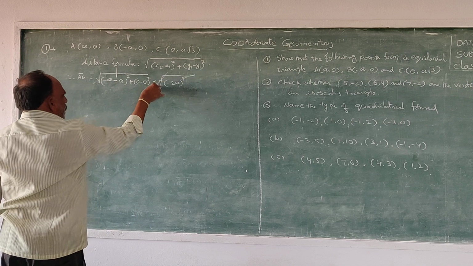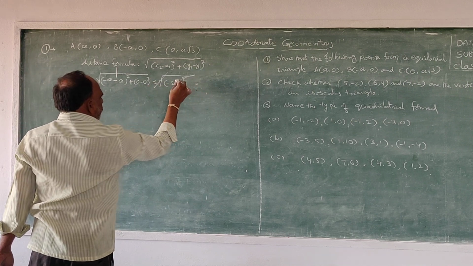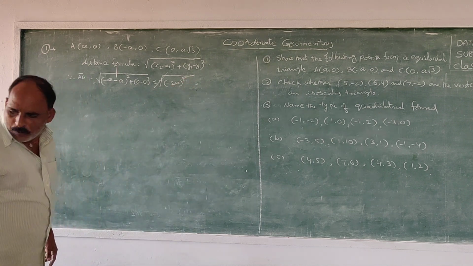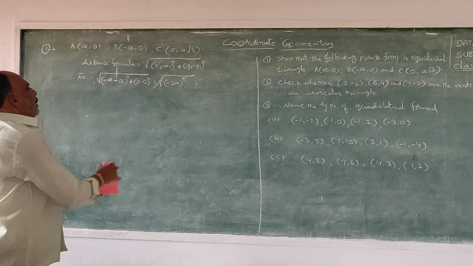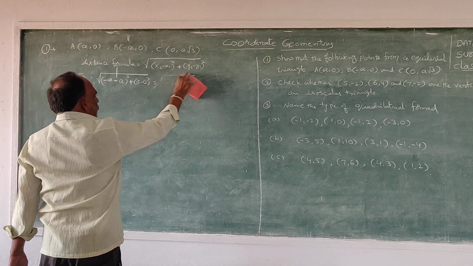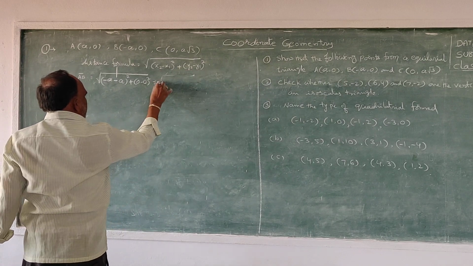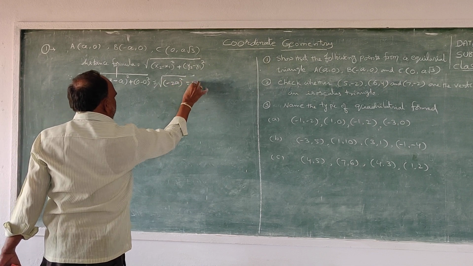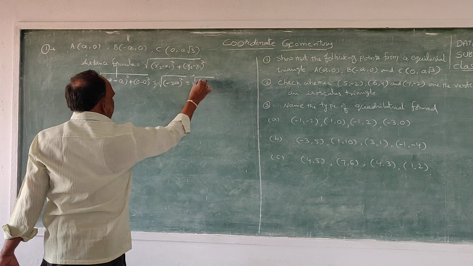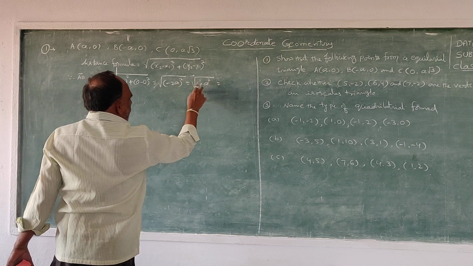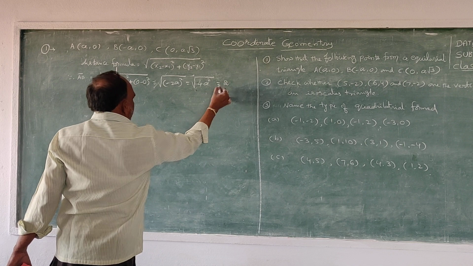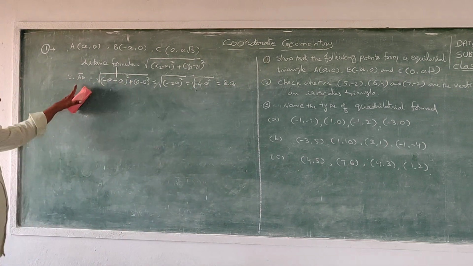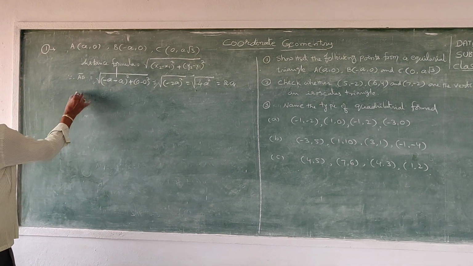Then the square root cancels, and we get 4a square. The square root of 4a square is 2a. So the AB length is 2a, and next the length of BC.